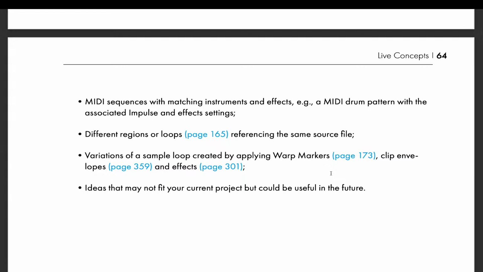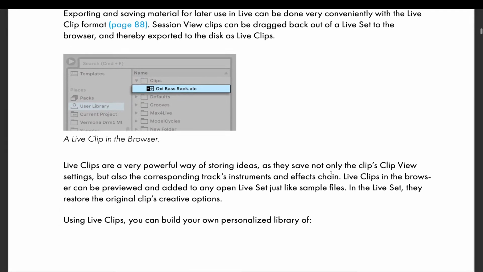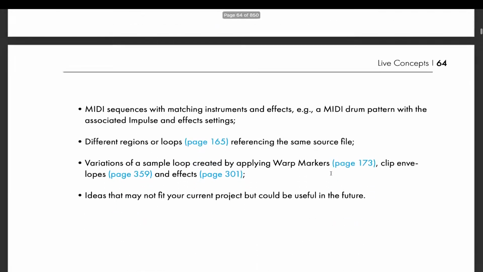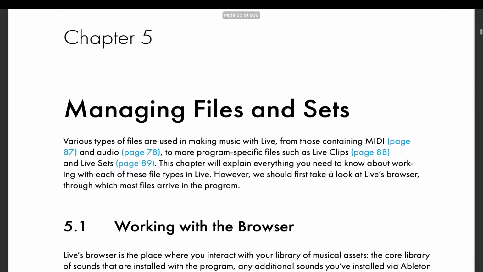Variations of a sample loop created by applying warp markers, page 173, clip envelopes, page 359, and effects, page 301. Ideas that may not fit your current project, but could be useful in the future. That is pretty cool. I can definitely see how that could be useful once you had multiple projects and really knew what you were doing.